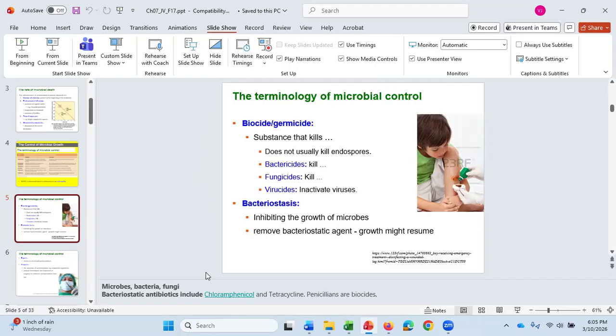A bacteriostatic agent is an agent that only inhibits the growth of the microbes, like a bacteriostatic antibiotic, inhibiting only the growth of the microbe. It does not kill the microbe. Two examples are the antibiotics chloramphenicol and tetracycline.